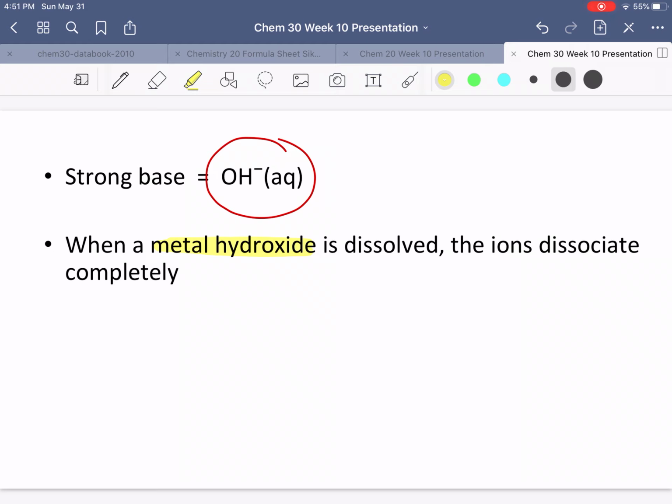So, a metal with a hydroxide, sodium hydroxide, we end up with a complete 100% dissociation, dissolving, dissociation. Get used to those words again. They're all Chem 20 words. It does it to a 100% quantitative degree. Thus, it is a very strong base.